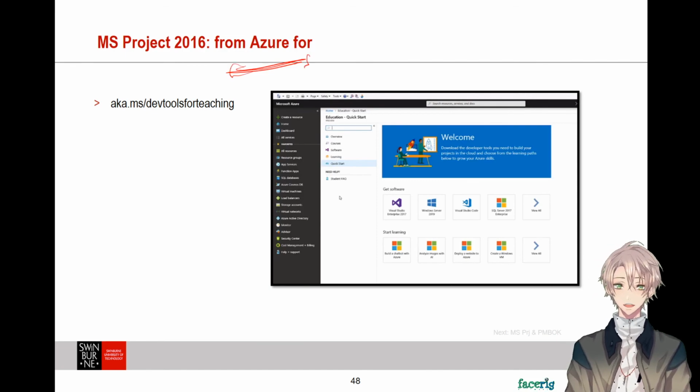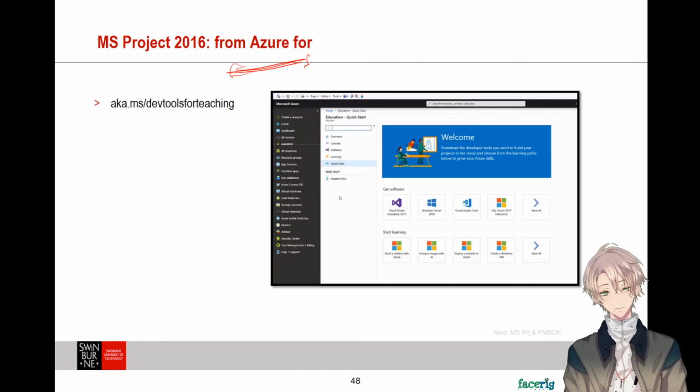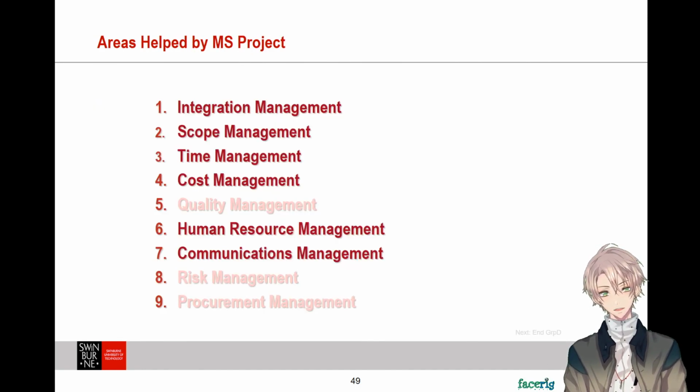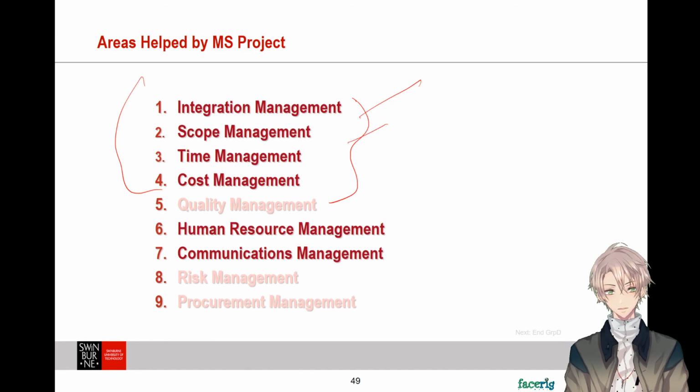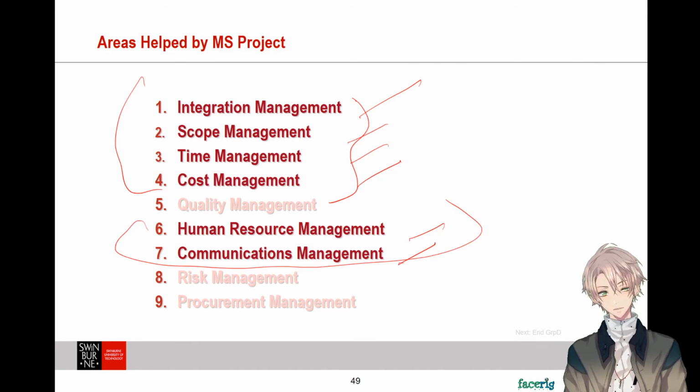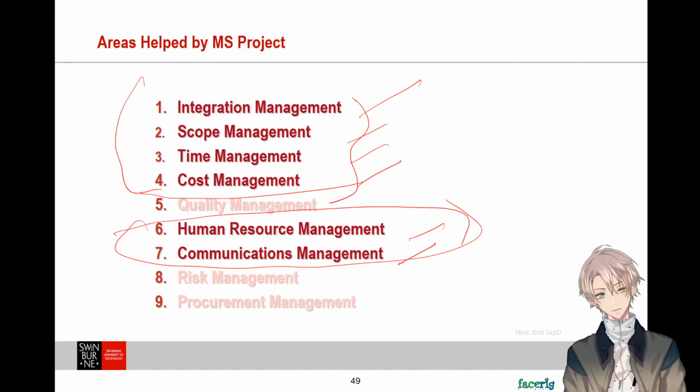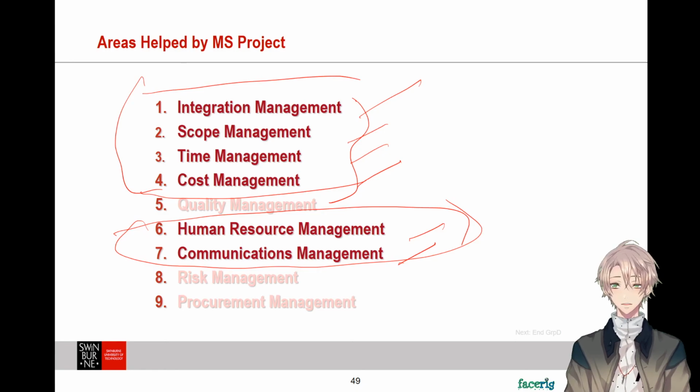As I showed you last week, you have a certain amount of student credit in your Azure. You probably want to try. MS Project 2016 helps with certain parts of the project, which are integration, scope, time and cost, human resource and communication management. You will learn how to use MS Project in next week's lab.